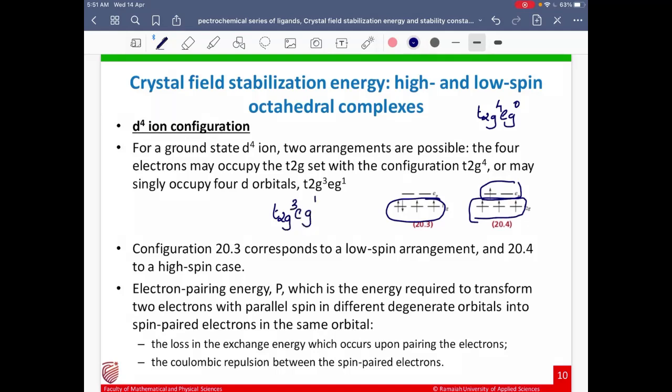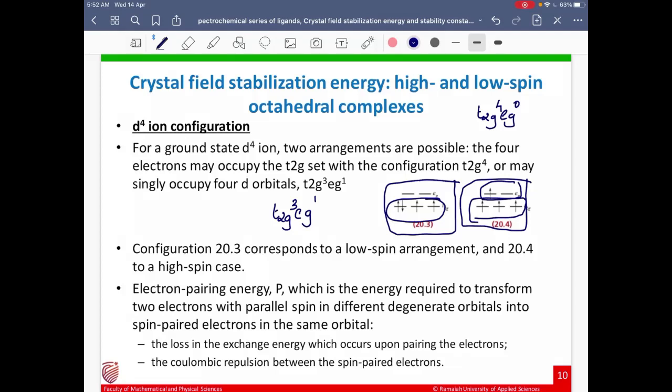The first configuration corresponds to a low spin arrangement, as we can see in figure 20.3, or the configuration can be in the high spin case, as in figure 20.4.